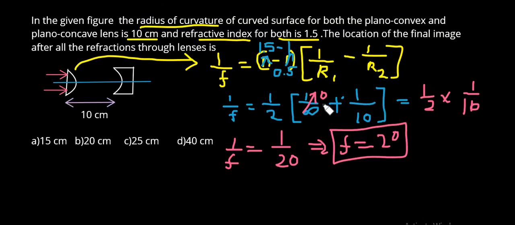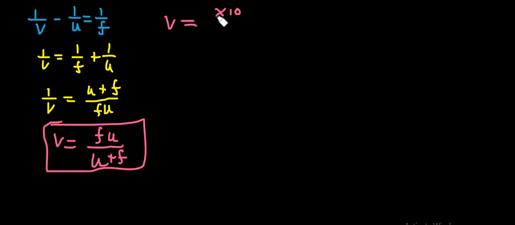So 20, the focal length, plus the distance of the object, 10. Now by simplifying, v is equal to 200 by 30, the zeros get cancelled, finally 20 by 3.